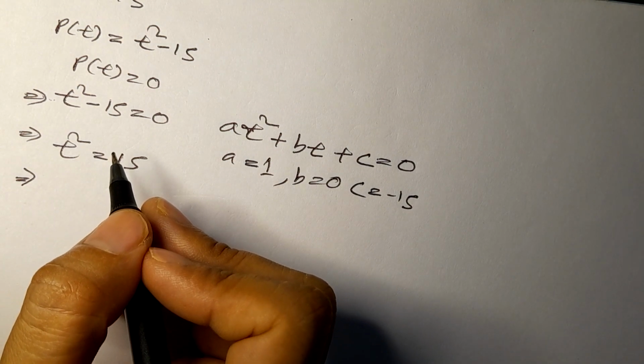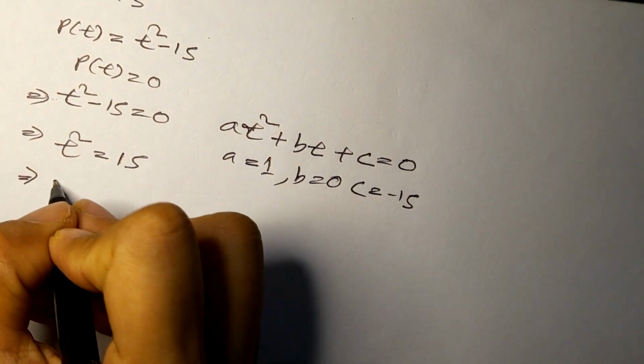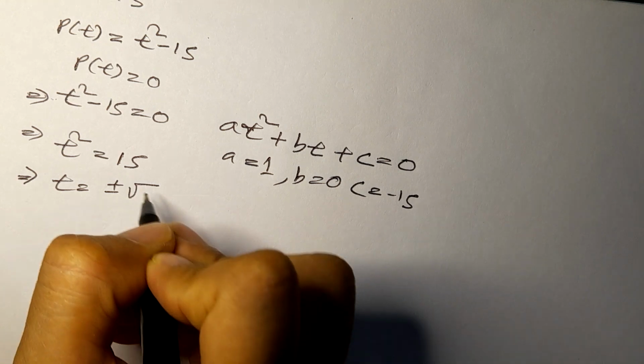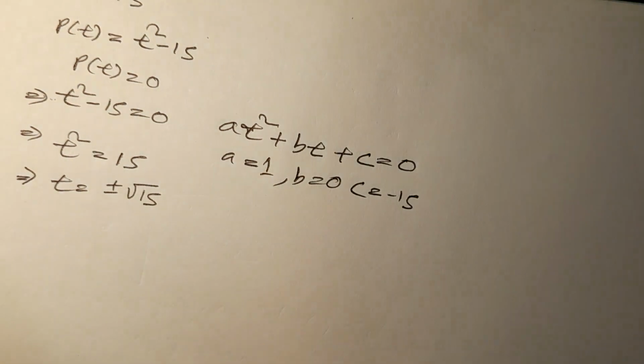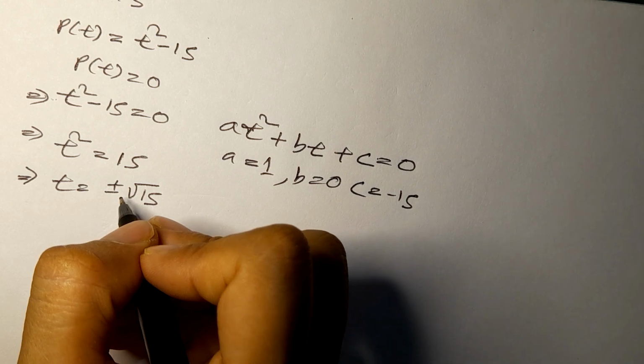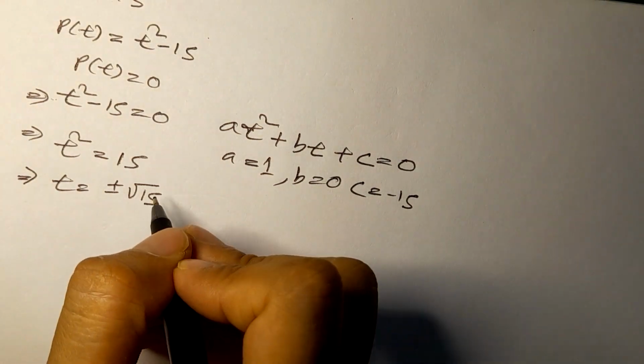One will be positive and one will be negative. So t is equal to plus minus square root of 15. So we got the 2 values of t, that is one is plus root 15, another is minus root 15.